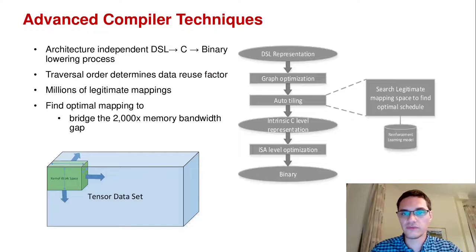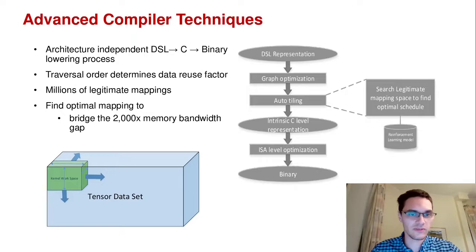The height of the software stack needed to transform a neural network into binary code, which can be executed on the hardware, is very high, and there are many valid mappings from the high-level representation into the binary form.